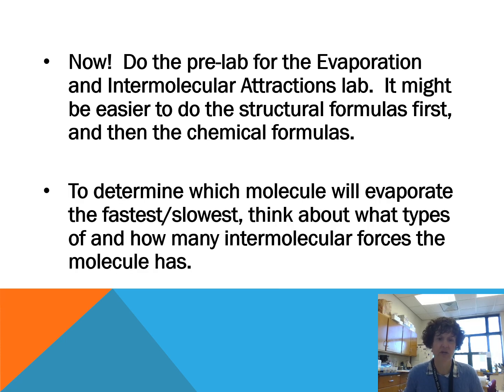And then after you've done that, what you're going to need to do is determine which molecules are going to evaporate the fastest. That's the final column in the top data table. What I would urge you to do when you're making those predictions is to think about what types of intermolecular forces a molecule has and how many it has. That's going to be helpful in making a good prediction. Good luck.